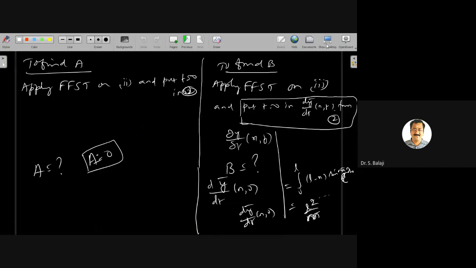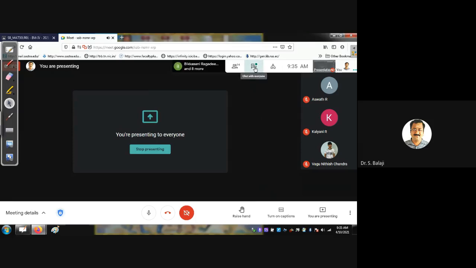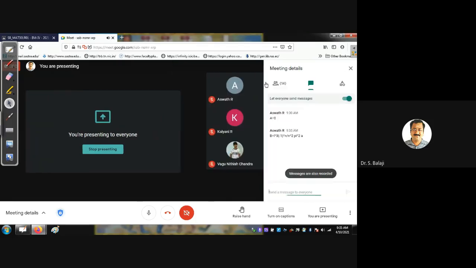what about B? So the integral value is this one, L cube by minus 1 whole power n, L cube by n square pi square.